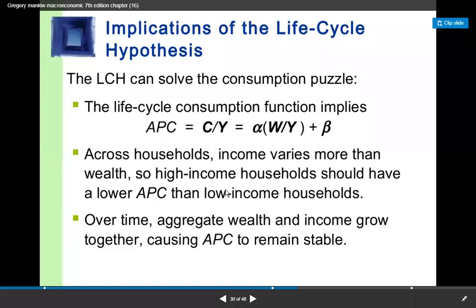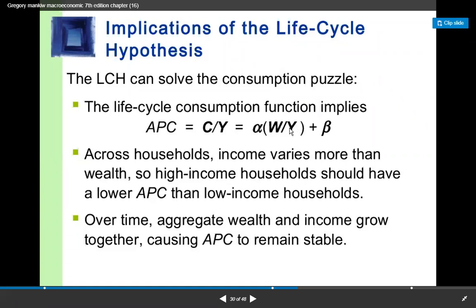So high income households should have a lower APC than lower income households because high income households' income level is higher. When income level is higher, then APC level is lower because the denominator is higher. Higher denominator means lower this fraction, lower answer of this fraction.